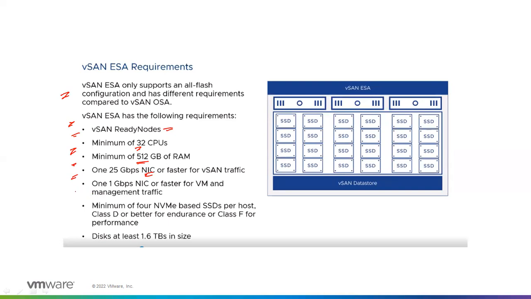A 1 GB NIC separately is for VM management and so on. And a minimum of 4 NVMe SSDs per host with endurance of class D or better, class F. These are the disk endurance levels when you select the physical disks, and disks should be at least 1.6 TB in size. Okay.